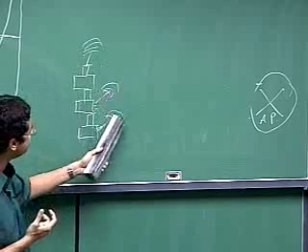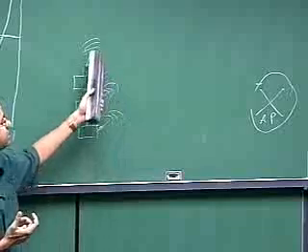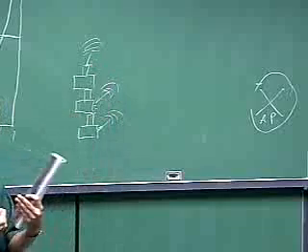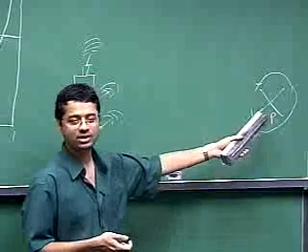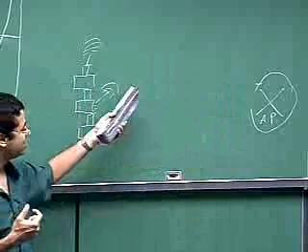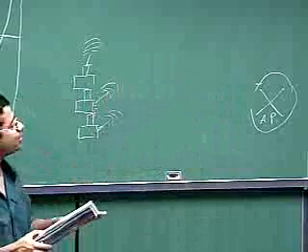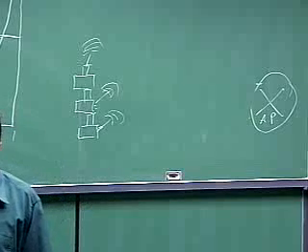If these transmissions happen simultaneously, then these packets are going to get corrupted. These bits will corrupt each other. This access point won't be able to decode any of these three packets. So implementing a buffer in a wireless network becomes very tricky.